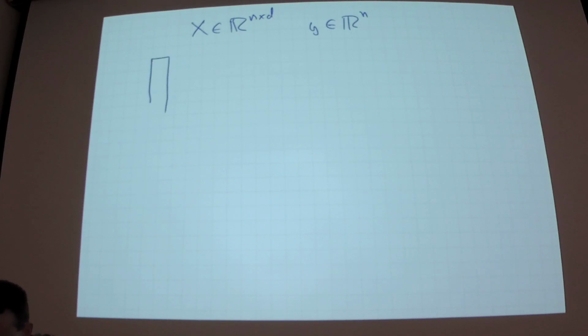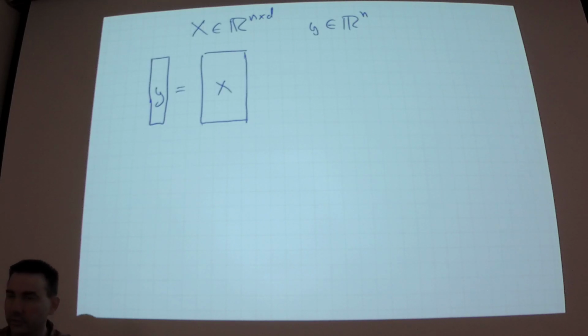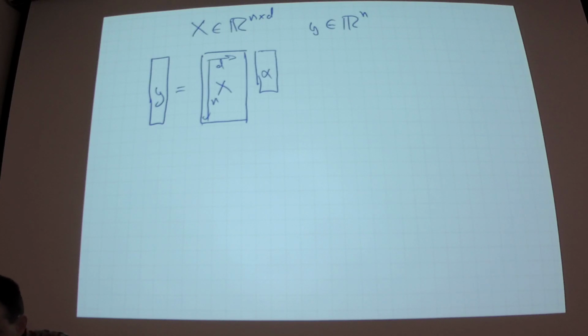I've got some y and some data set x, and my goal is to find a vector alpha, which is now d-dimensional. The goal is to find an alpha where I approximately recover this y.